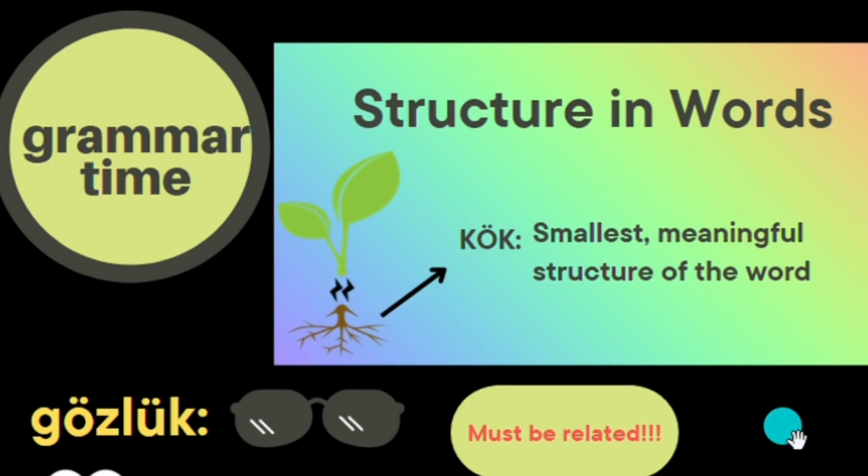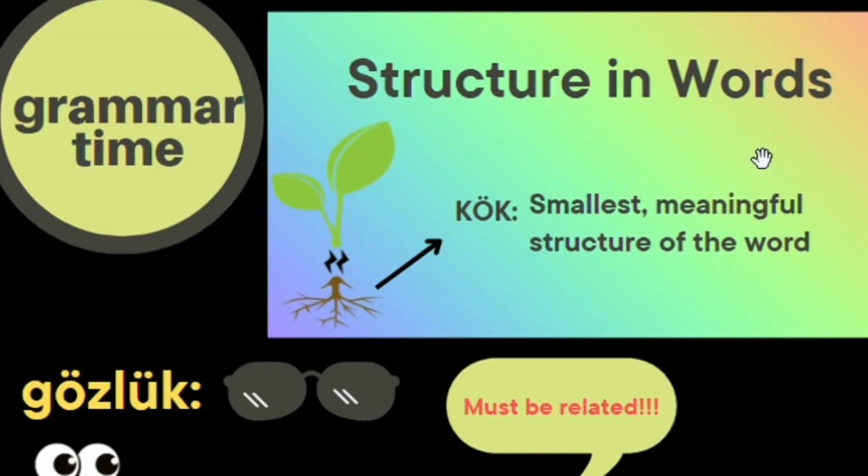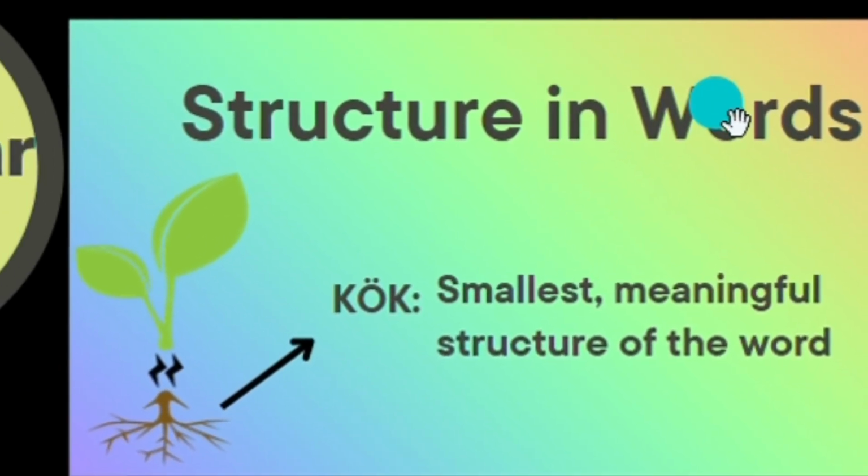So let's start today. I have 2 pages for you. We will learn the structure in words. Structure in words, not sentence. We will start at the beginning, and our beginning part is words.